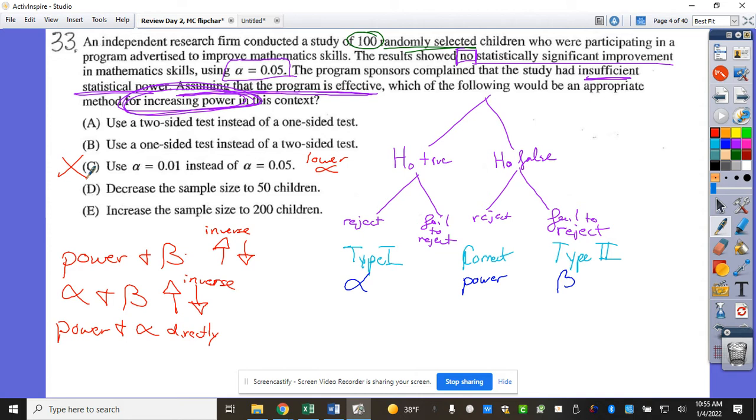This is a lot of work to get there, but it's more of a reminder. If we ever want to make a test better, what's the easiest thing we could possibly do? Increase your sample size. And power is that ideal scenario. So increasing your sample size is the easiest way to increase power.